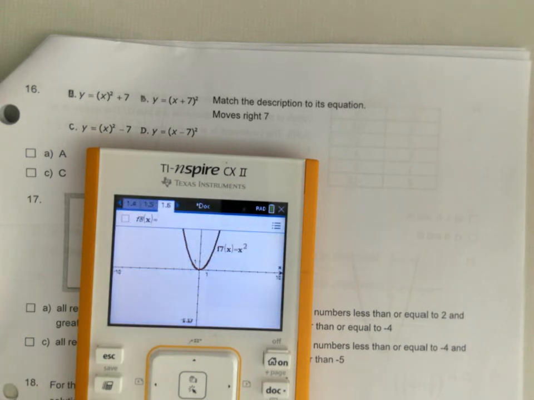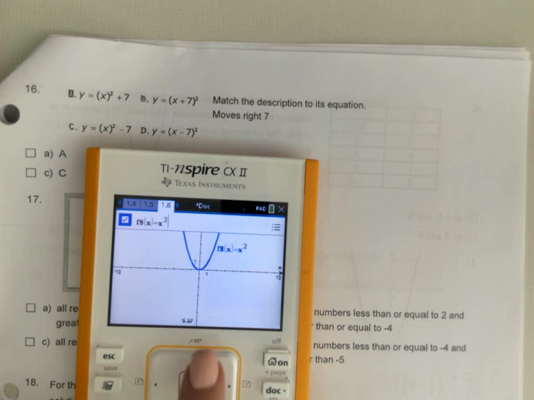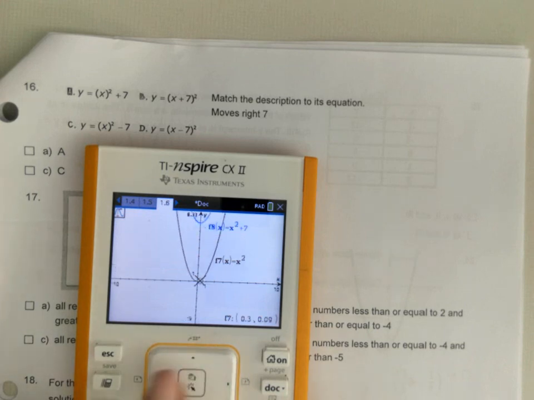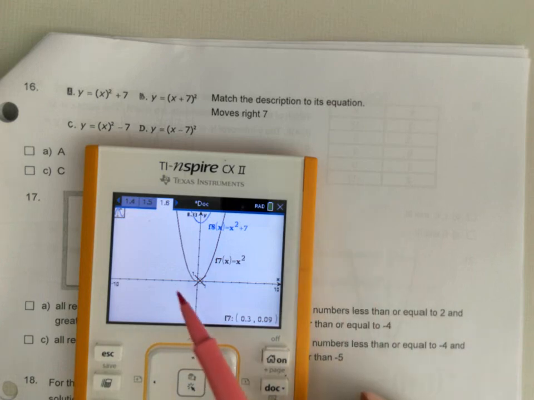Menu 5, 1. Okay, so you can see that did not go to the right 7, it went up 7.